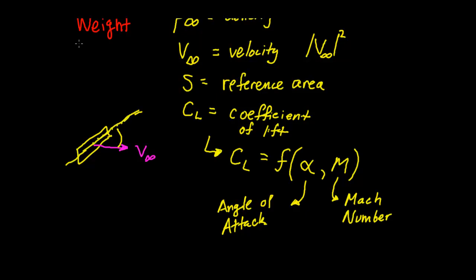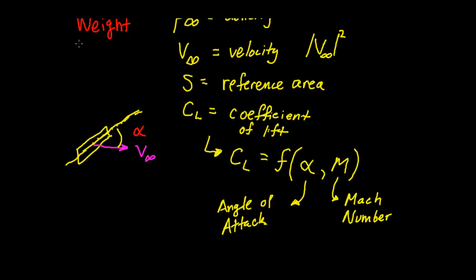And we will call this angle that it's flying at. So imagine the barn door is flying at some angle, moving this direction. So we call this angle alpha. Alpha is the angle of attack, the amount of angle that you present to the free stream velocity.